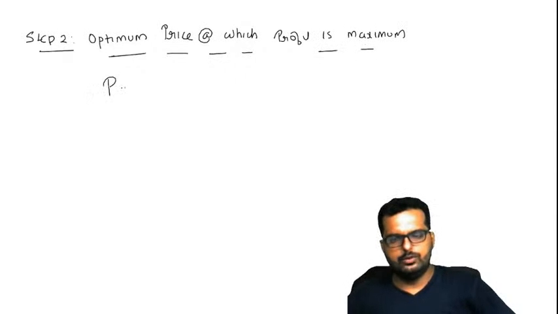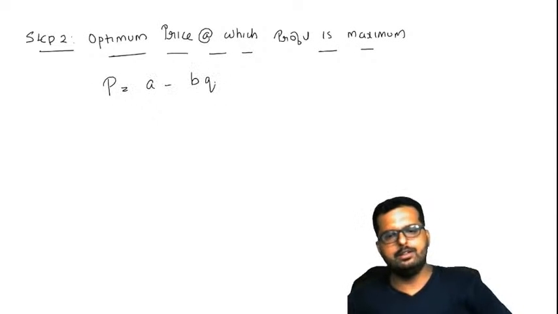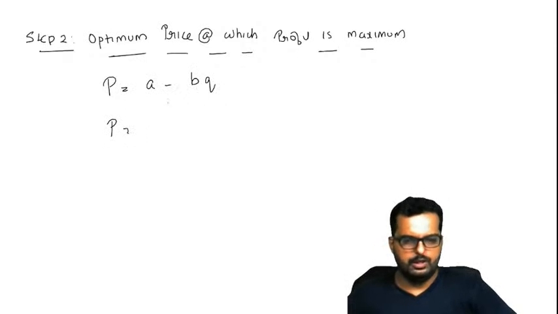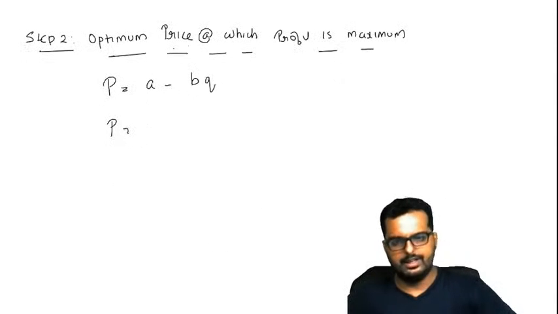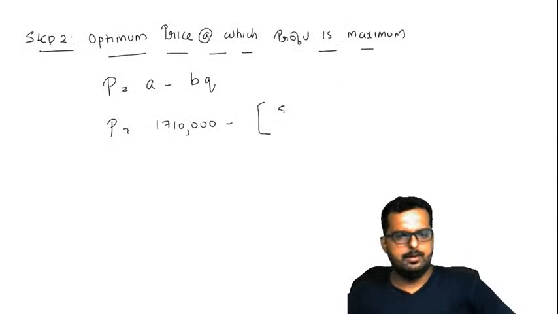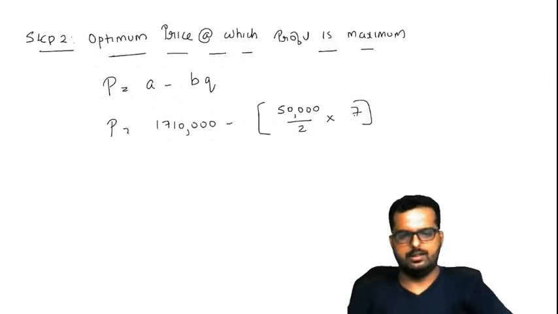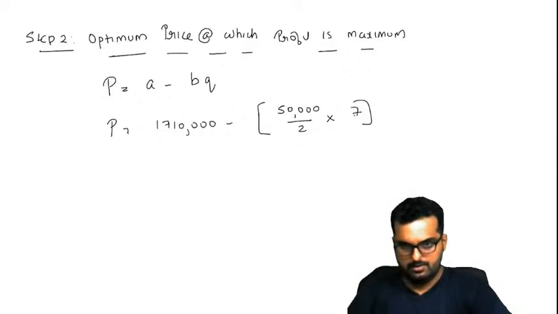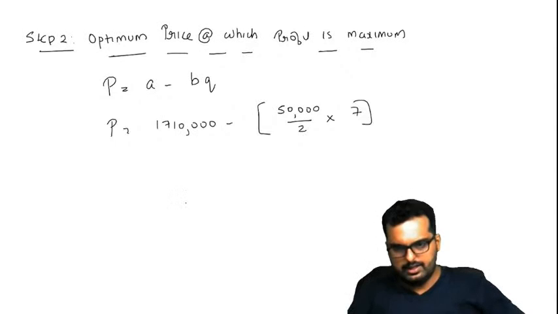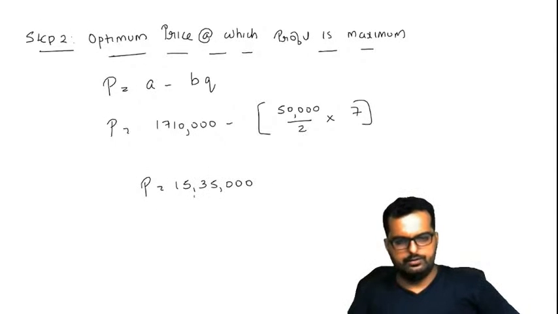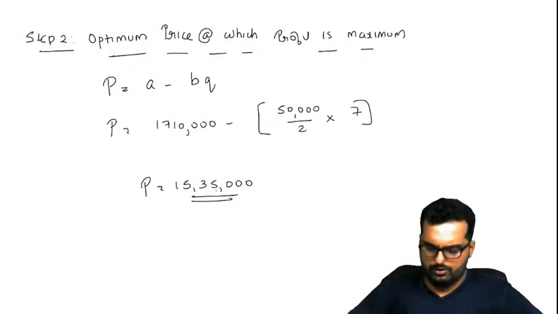We will have to use the equation P is equal to A minus BQ. So P would be equal to, A is how much now? 17,10,000 minus B, which is I think 50,000 divided by 2, into, we got the answer as 7. We get the price as 15,35,000. Can you write down this in your books now, friends?